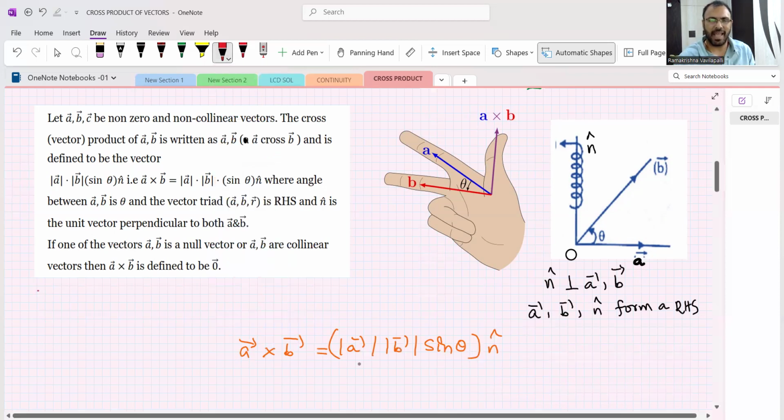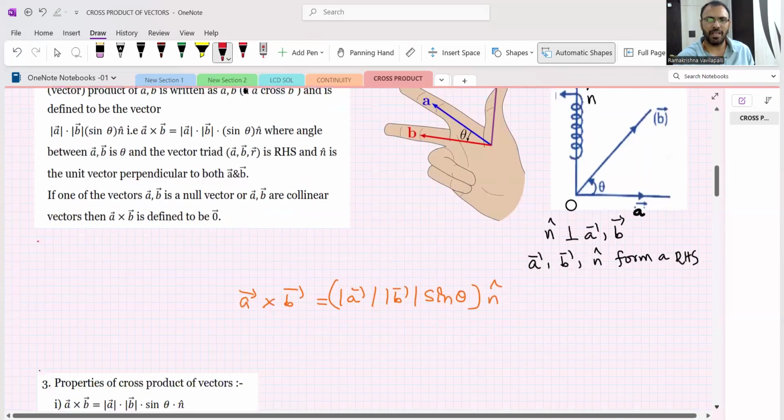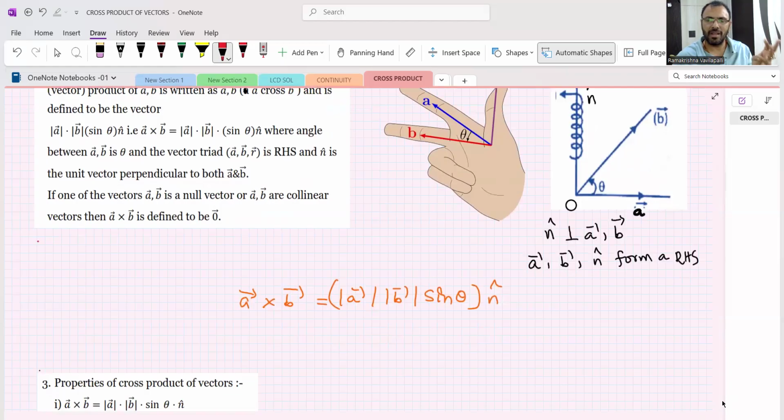A bar cross B bar is equal to 0 bar if either A bar is 0 bar, or B bar is 0 bar, or the angle between A bar and B bar is either 0 degrees or 180 degrees. That is, if one of the vectors is a null vector or A bar and B bar are collinear vectors, then A bar cross B bar is equal to 0 bar.